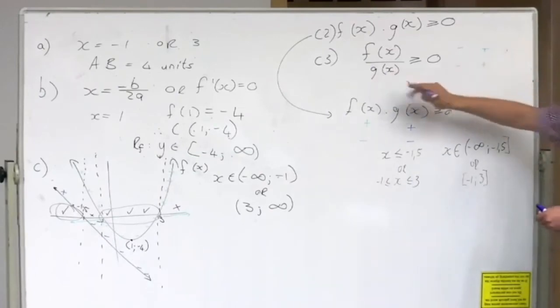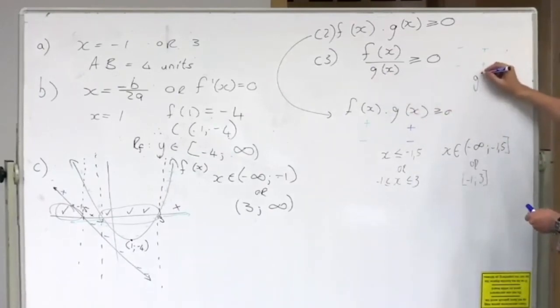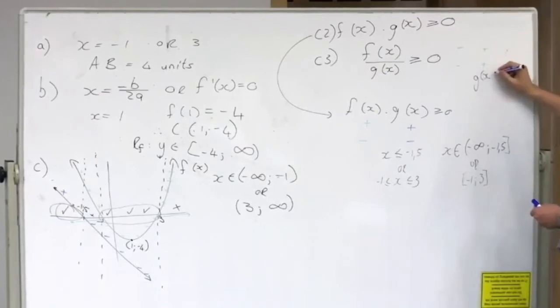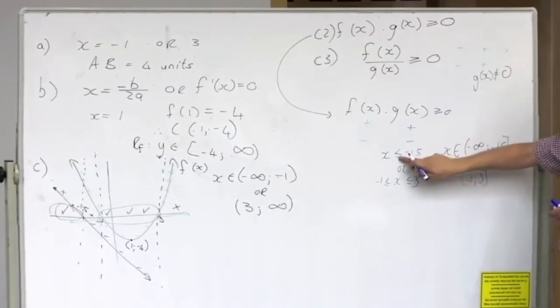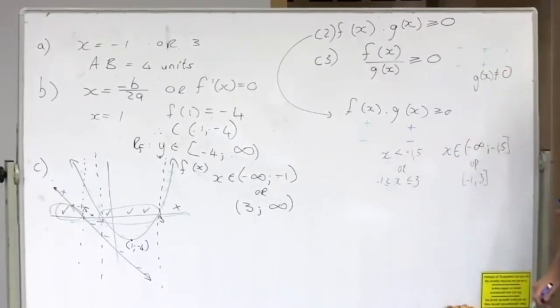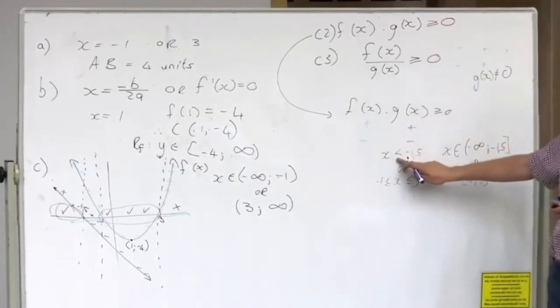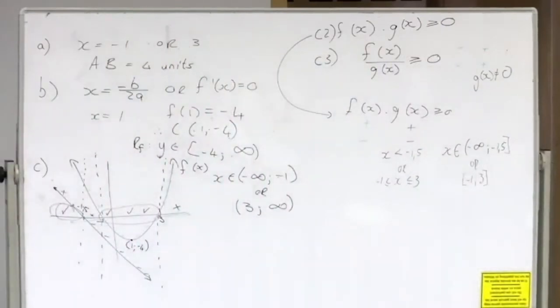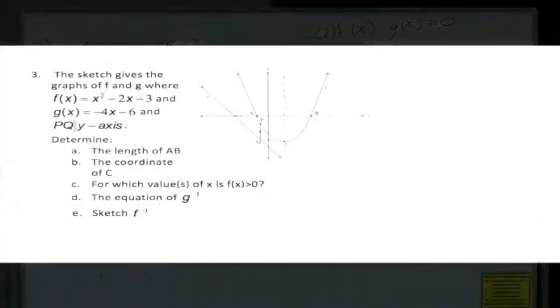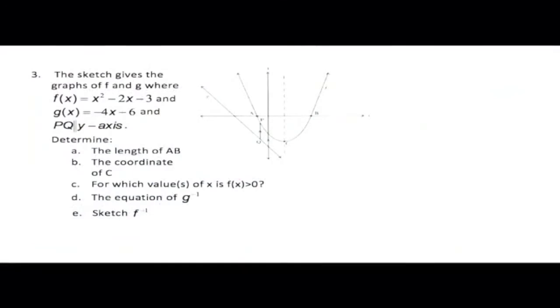The zero value here. So the only difference is g of x may not be zero, because that is where g of x is 0. On my graph, it is that point there where g of x crosses my x-axis.